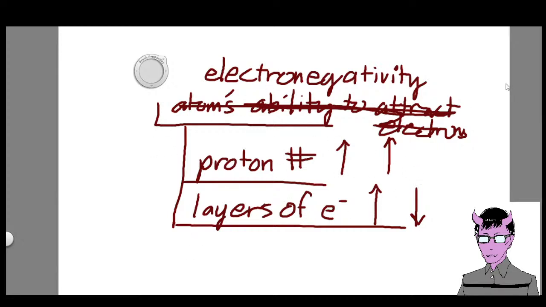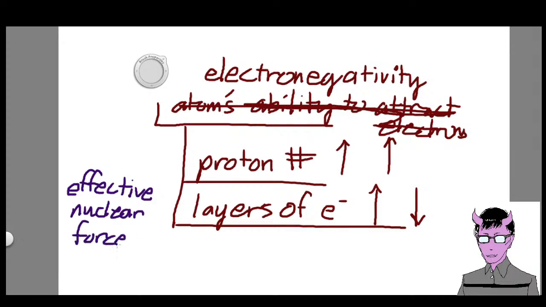As a tangential item, there's also something called effective nuclear force, which, if you're taking AP chemistry, might be relevant. So let me write this down. Effective nuclear force, which we need to contrast with electronegativity. Effective nuclear force is when you totally disregard other electrons that are present on the atom.